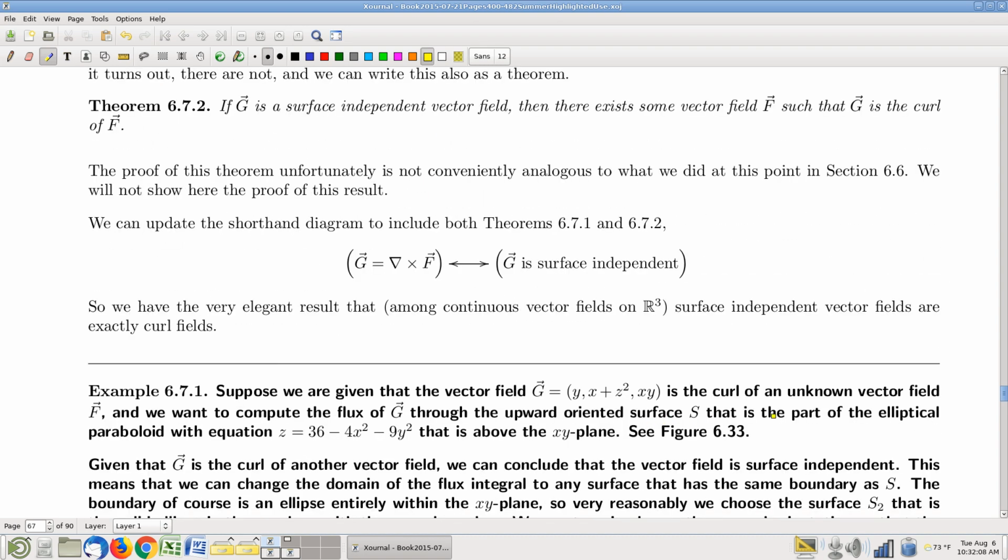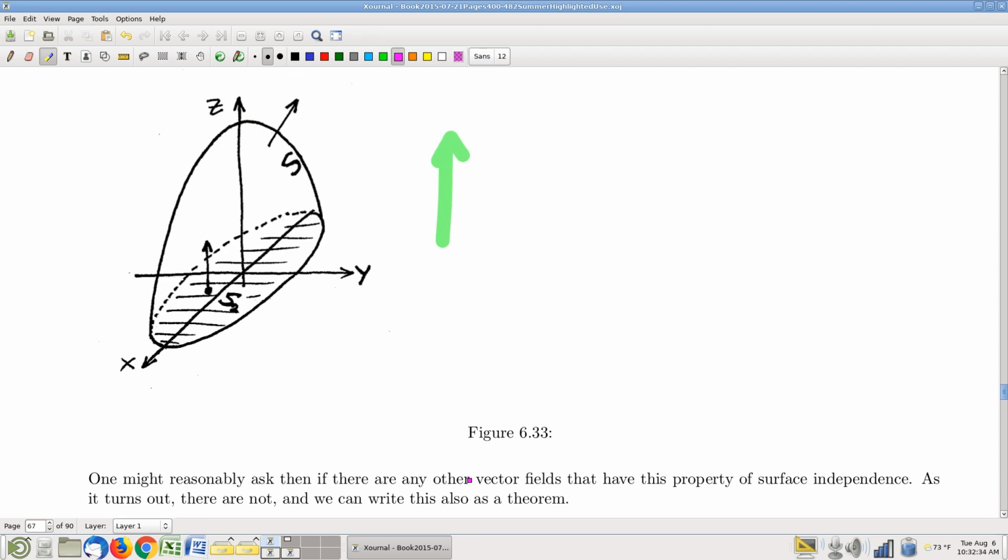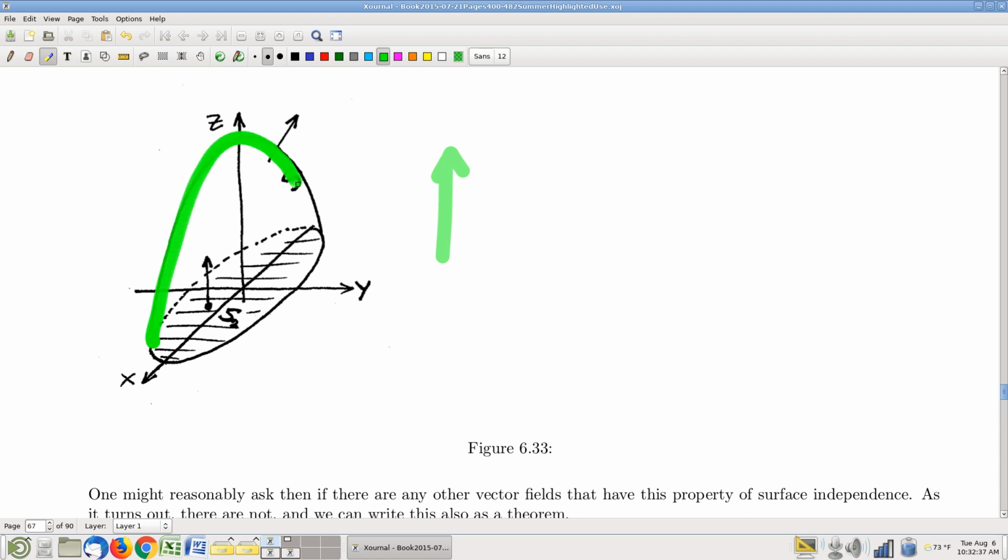We're looking at the part of the elliptical paraboloid that's above the XY plane, right? So the part above the XY plane. We're not saying, and also glue the XY plane to it, right? So I hope everybody sees what we're talking about here. It's important to be careful in your interpretation of the question. And this surface is open at the bottom, right? It's just like an upside down cereal bowl. Yeah, everybody good?